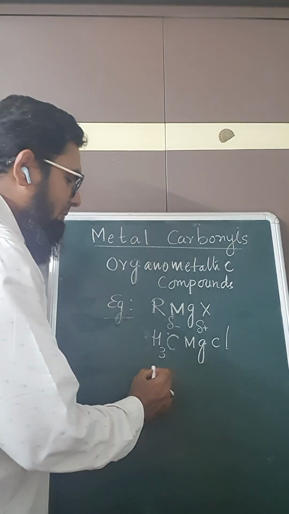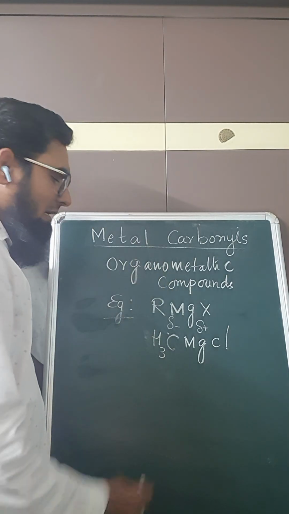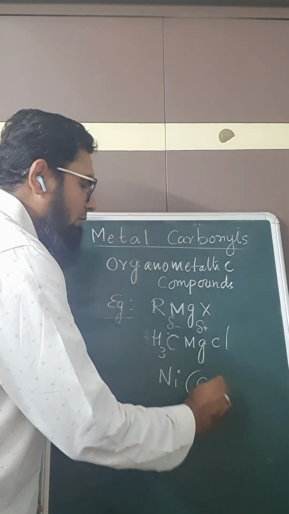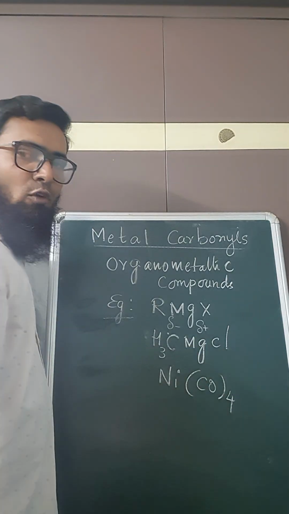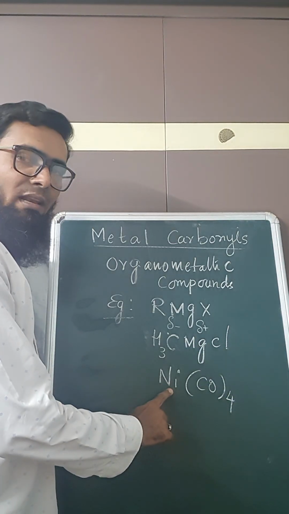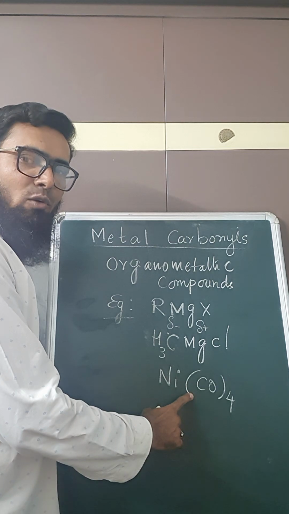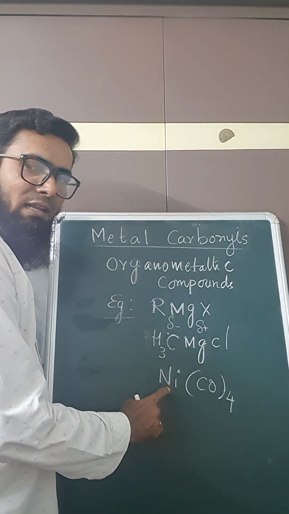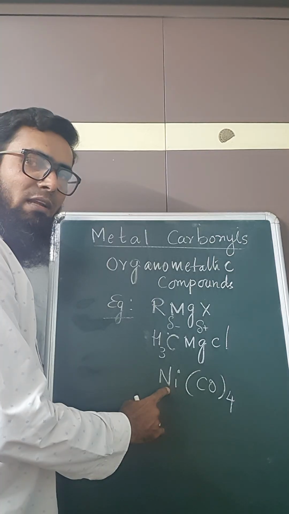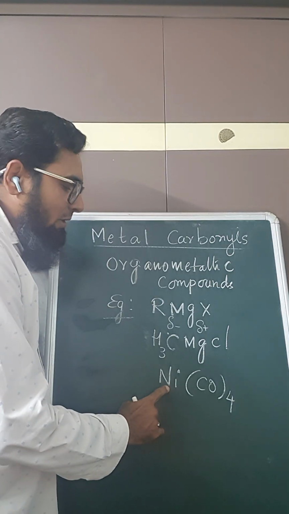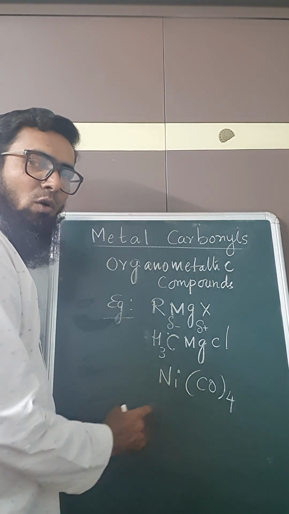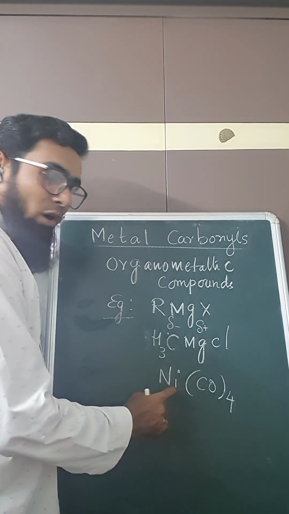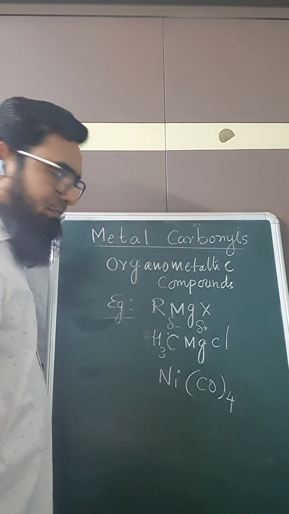Another example is metal carbonyls. Metal carbonyls like Ni(CO)4, nickel tetracarbonyl. Here a coordinate covalent bond is present between nickel and CO. So carbon is covalently bonded to the nickel atom.